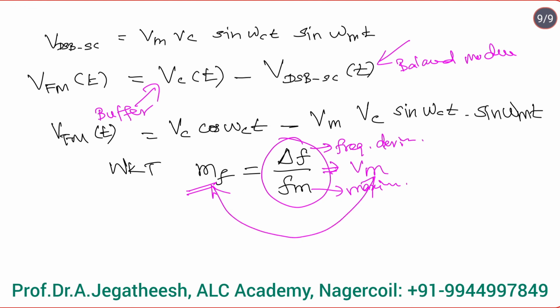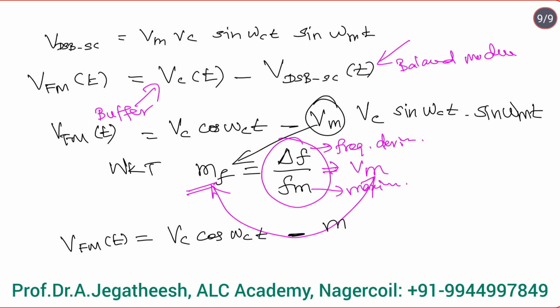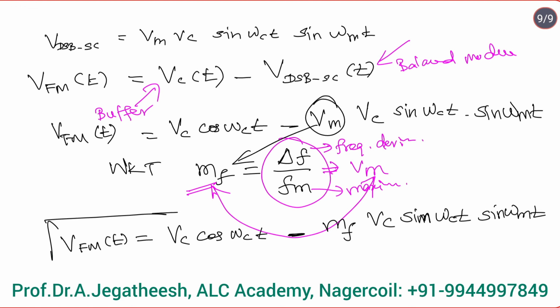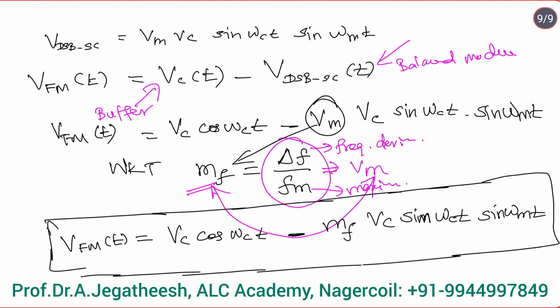So you will get the final equation as Vfm of t is equal to Vc cos omega ct minus Mf Vc sin omega ct sin omega mt. This is the final FM signal, but it is the NBFM, narrowband frequency modulation.